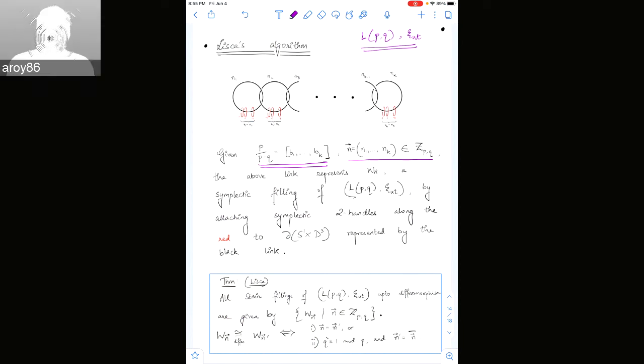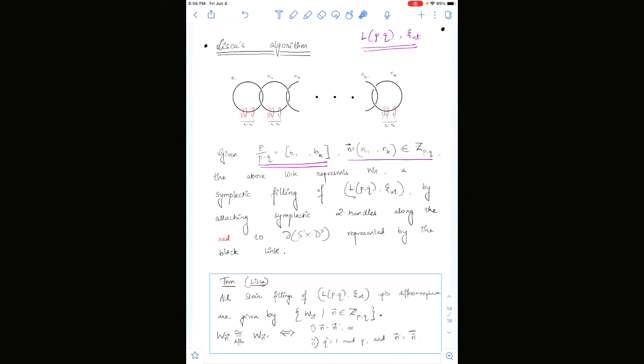The above link in black, as we mentioned, since the surgery coefficients come from a null sequence, describes the boundary of S1 cross D3. And what you do is attach two-handles along the red, and you attach as many two-handles as the difference between the corresponding B_i and N_i.